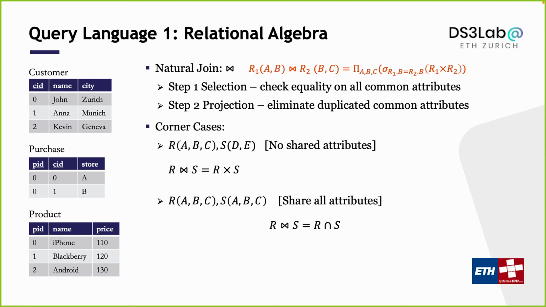So I only output something when the same tuple appears in both relations. That gives you the intersection. So these are the two corner cases about natural join. Again, go back to the definition. It should be relatively simple to see why this is the case.